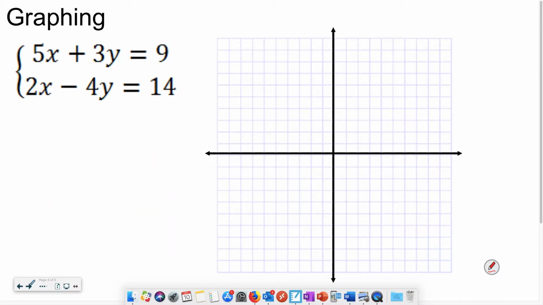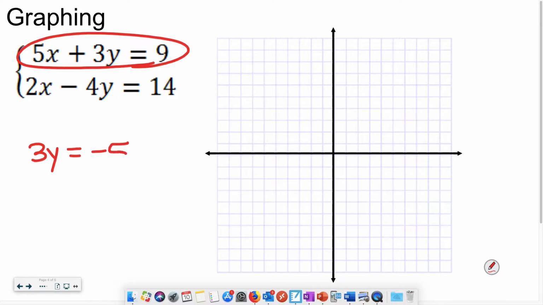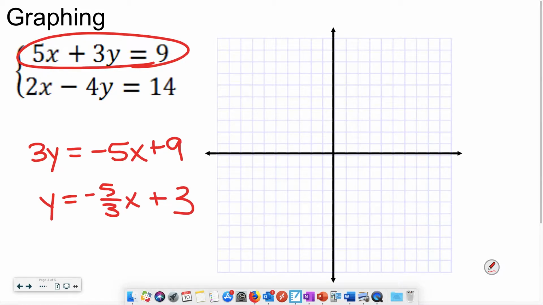Okay? There are 2 ways to graph a line, and I want to remind you of that. The first way to graph a line, if we take this and solve for y, we would have y equals -5/3 x plus 3.